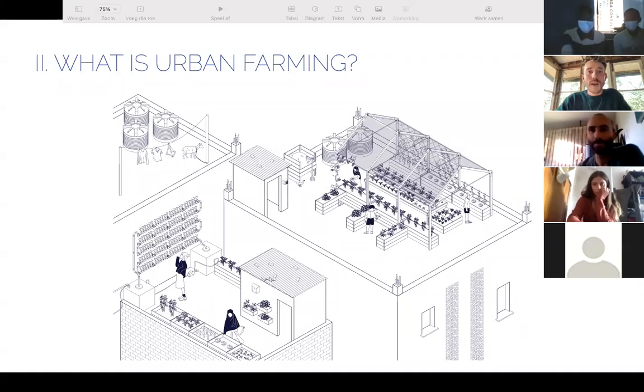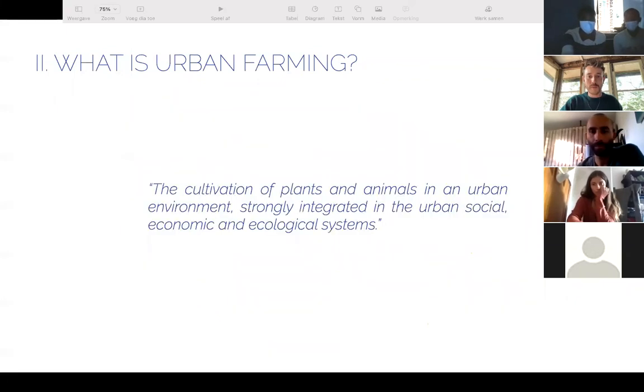All right. Okay, let's go into what is urban farming. Well, you can basically come up with hundreds of different definitions. One of them could be the cultivation of plants and animals in an urban environment, strongly integrated in the urban social, economic, and ecological systems.